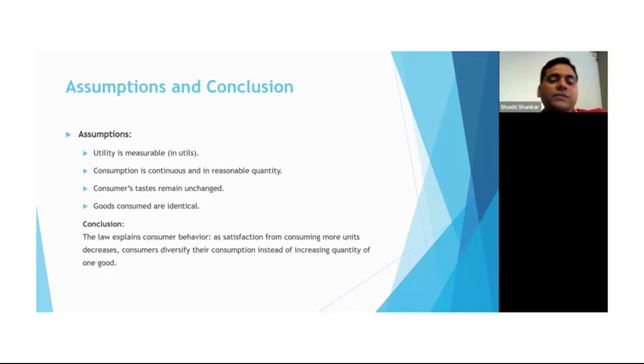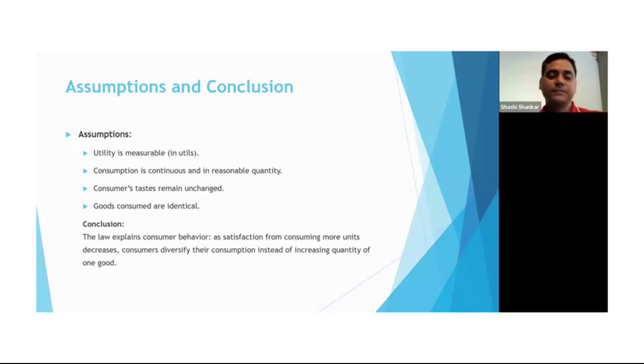Next one is that the consumer's taste remains unchanged. Yes, that is more crucial. If the taste changes, maybe they will stop buying that product. So to analyze the law, the consumer's taste should remain unchanged.